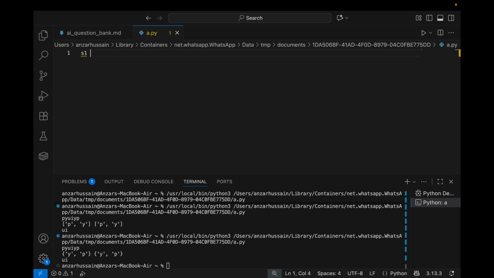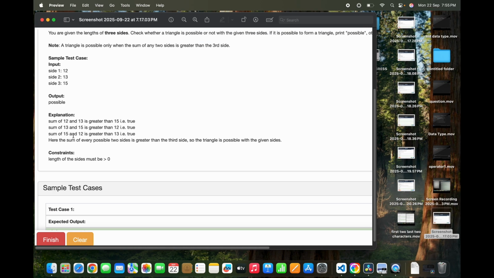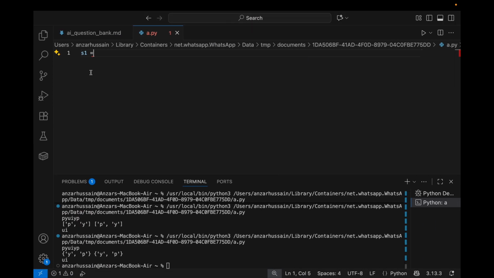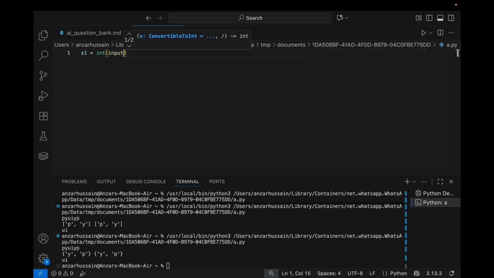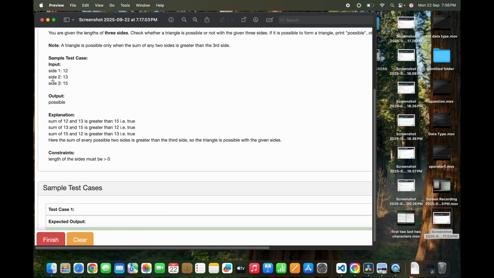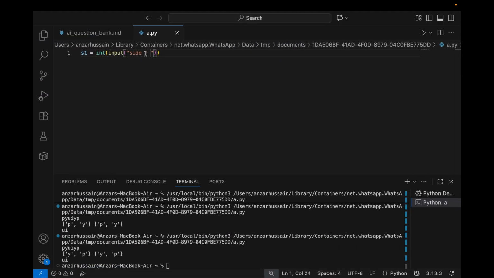I will say S1 is equal to, if you see here, it is saying side 1: 12. That means you have to pass this message, then 12 you will receive from the backend. Side 2 as a message, 13 you will receive from the backend. So I will say S1 is int of input, and here I will say "Side 1 colon" with a space.